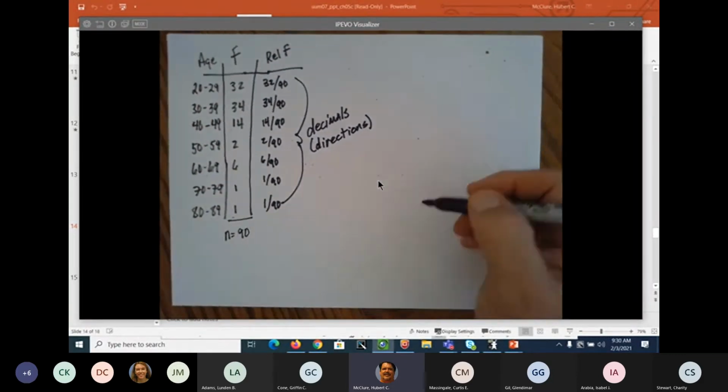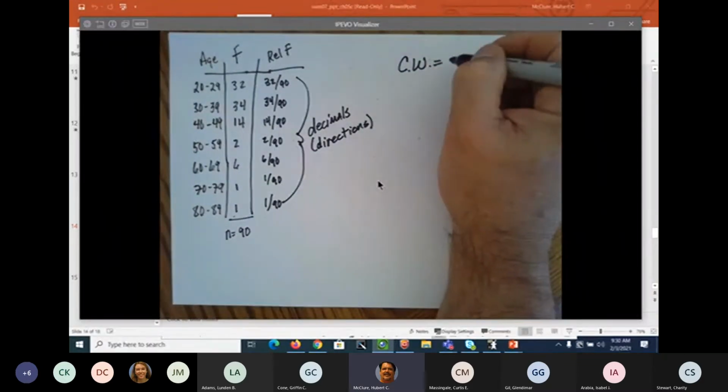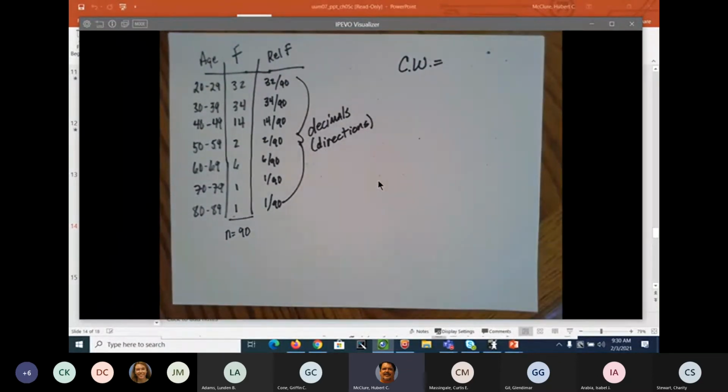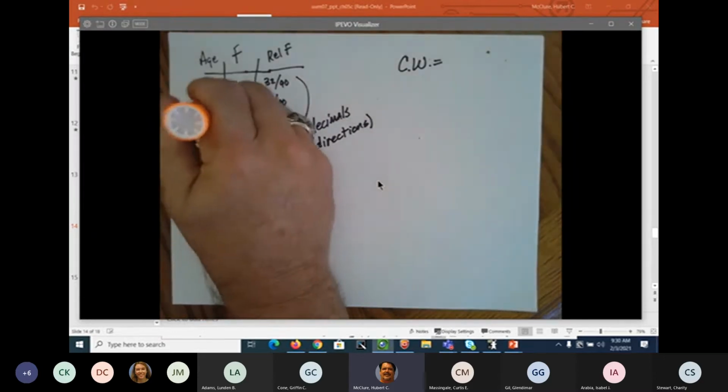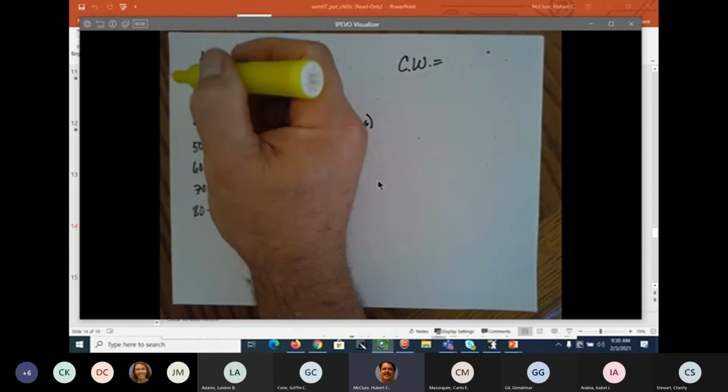Now, the class width. Why do I get the class width first? Because the class width helps you calculate the class boundaries and the midpoints without doing extra work. I'm going to highlight two numbers, one orange and one yellow, and I always go with the first two: 30 and 20.